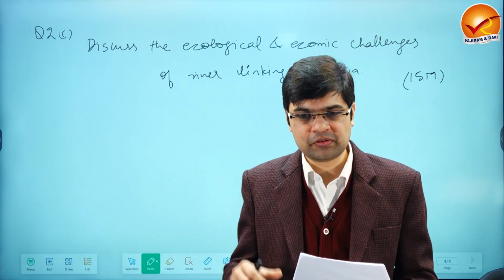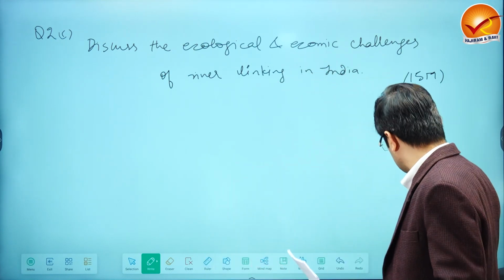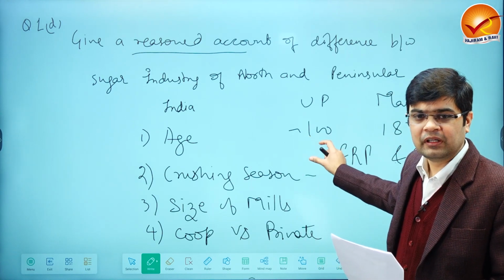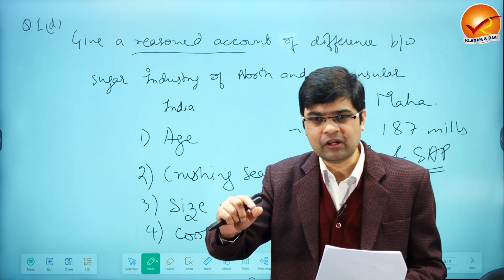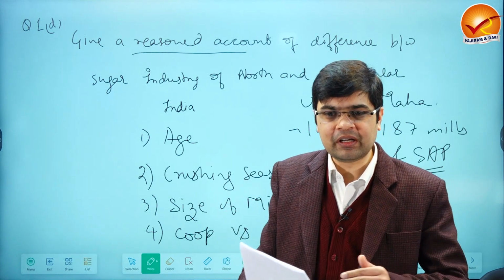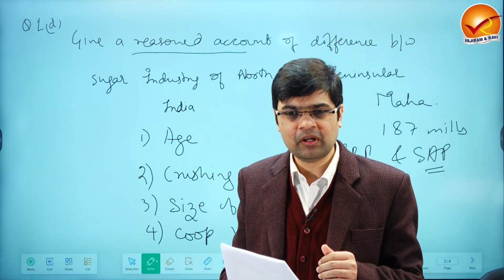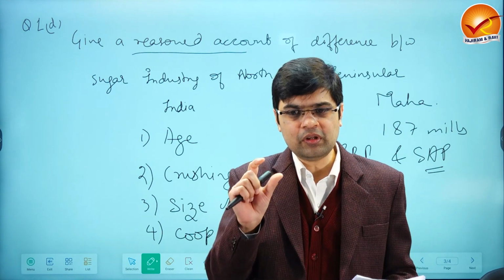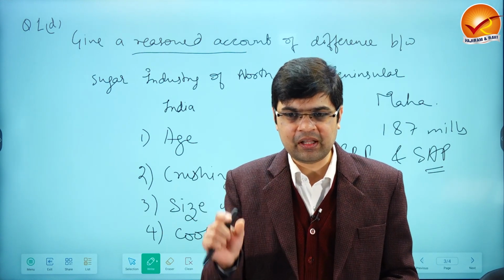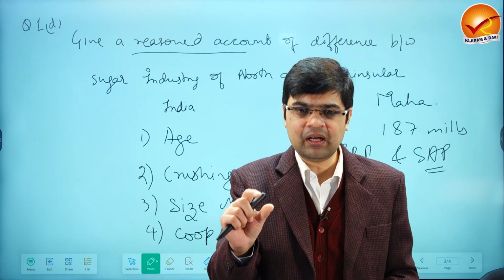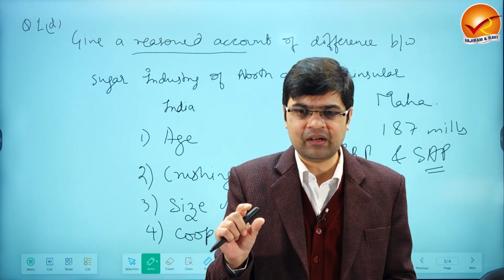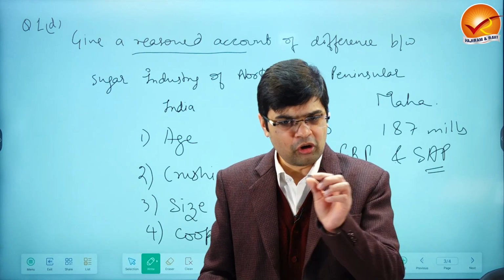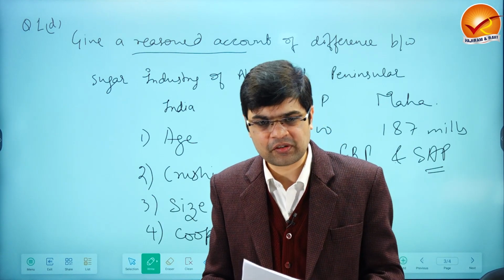Actually, in the previous question, if you're concluding, then you might conclude with some of the problems, and you can also mention the recommendations, just as we discussed about the Rangarajan panel's recommendations. Okay? So you can conclude the question with some positivity that there are certain problems, but the government is providing these subsidies and the reforms are required in the sugar industry. Okay? Just not more than 1 or 2 lines, because it is a 10-marker question.